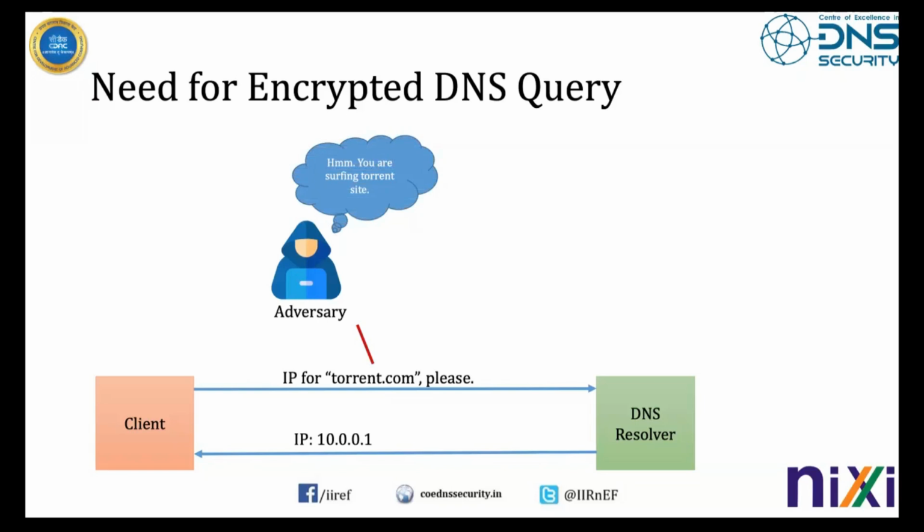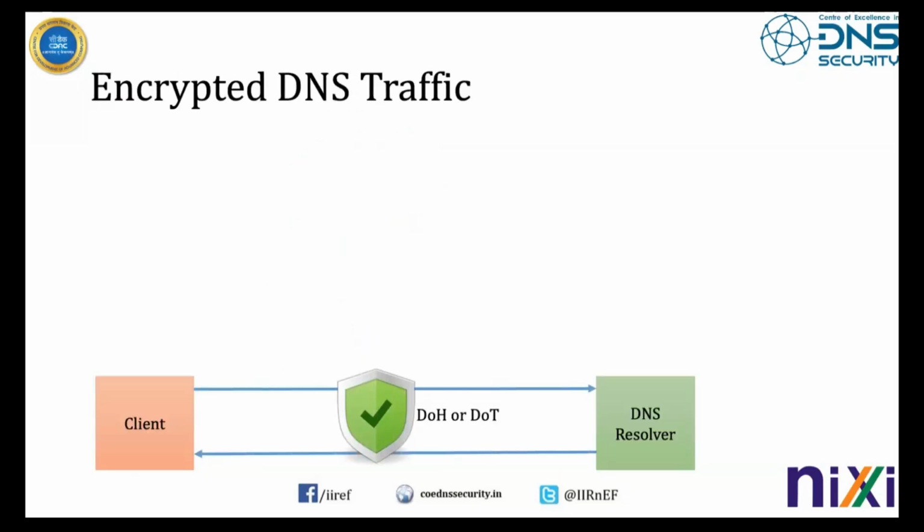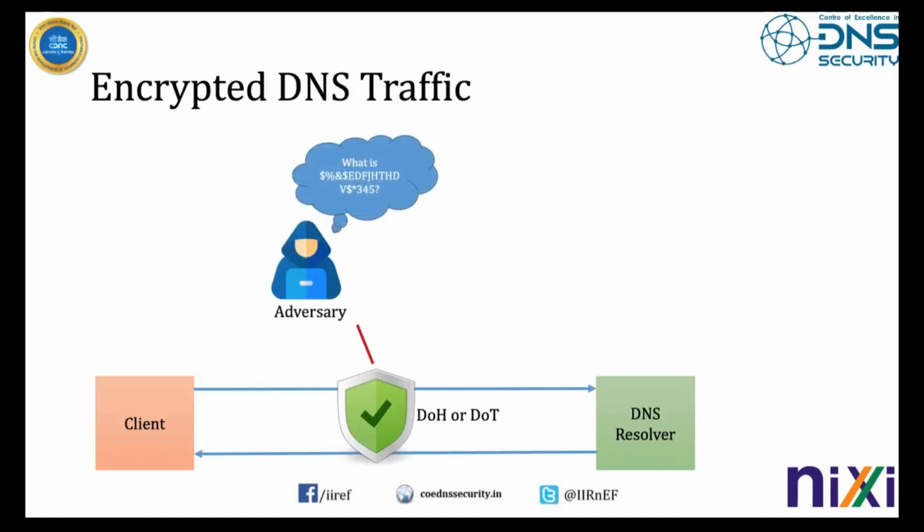So what we can do is encrypt whatever query we are giving or whatever response we are getting. Then the man in the middle will only get some encrypted text for which it cannot make sense. This encryption can be done using two technologies. One is DNS over HTTPS.